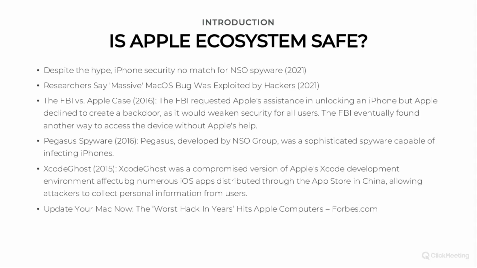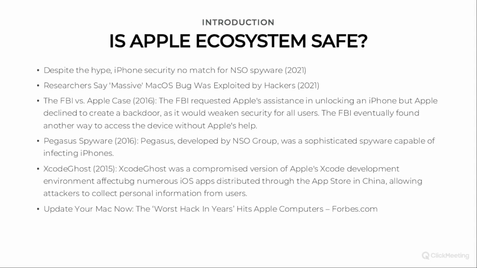Also, there's a famous case between the FBI and Apple where the FBI requested Apple's assistance to unlock an iPhone during an investigation, and Apple refused because they didn't want to expose their security. However, the FBI eventually found a way to access the device without Apple's help. And this was a little bit controversial at the time.